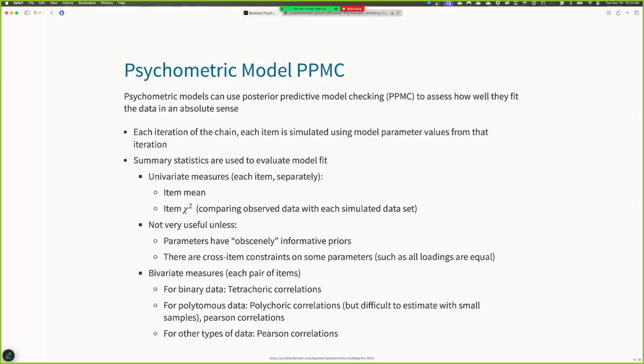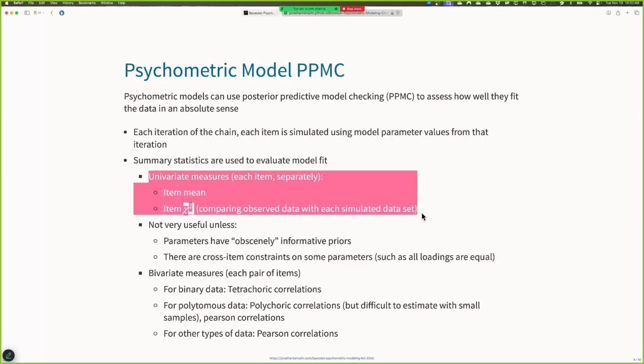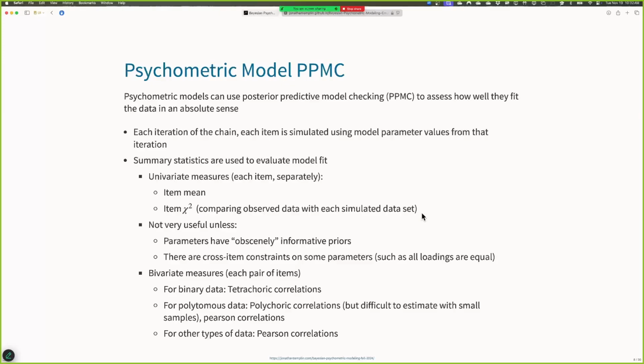Your item mean is going to be shifted by it, moving things away from where the data happen to be. There are also maybe cross-item constraints on parameters, right? There are models where we keep our loadings equal across all the items, like the Rasch model or the one parameter model, tau equivalent or parallel items models. Those will also show misfit in univariate measures. So we don't necessarily discard them, but for most of our cases of use, they're not going to be helpful.